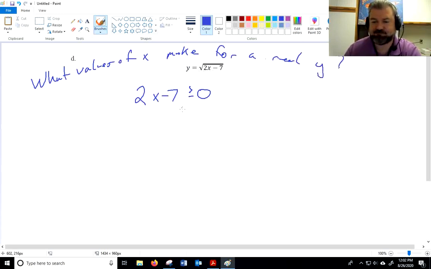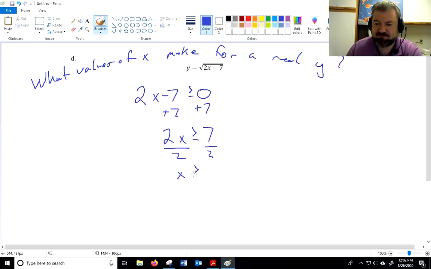And we know that whatever values of x cause this portion under the square root to be greater than or equal to 0 is going to be a-okay. And I can use my algebra to answer this question. And what I have found upon solving is that all x values that are greater than or equal to 7.5 will result in a real number.